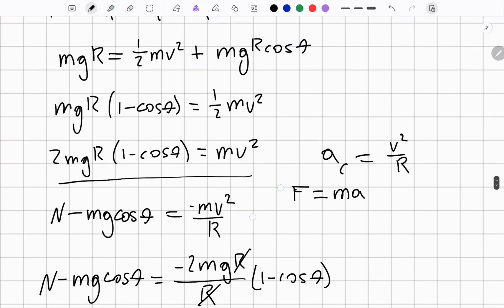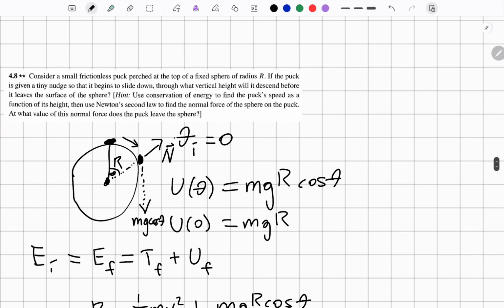To find the point at which the puck leaves the surface of the sphere, we know that as long as the puck is on the sphere, the normal force is going to counter the push that the puck has against the sphere by pushing outward from the sphere. So our normal force is going to be positive when on the sphere.